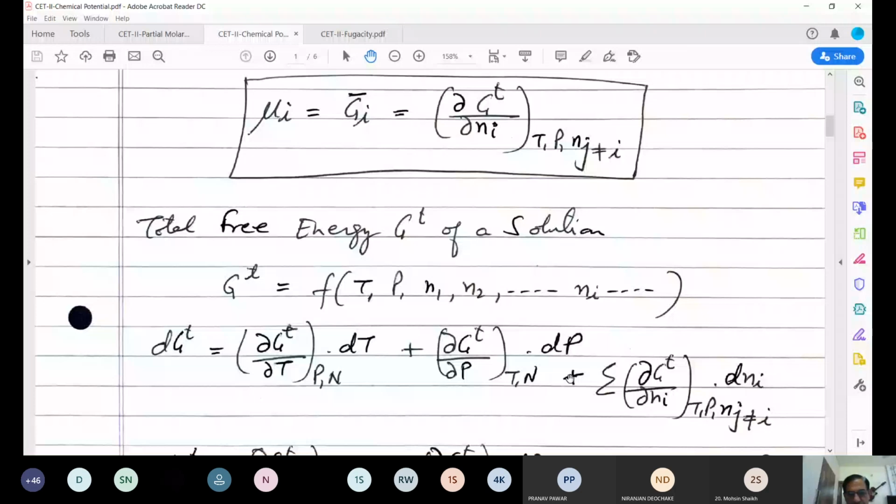Because we can take all of N1, N2, N3 and sum it up. So this is our total derivative.